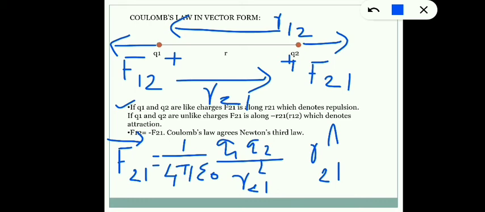So the force exerted by charge Q2 on Q1 will be acting along this way, and the force exerted by charge Q1 on Q2 will be acting along this way. In such cases, what will be the direction of F21? It will be along R21, which denotes repulsion, because the direction of R21 is along this way and the direction of F21 is also along the same way. So F21 will be acting along R21.